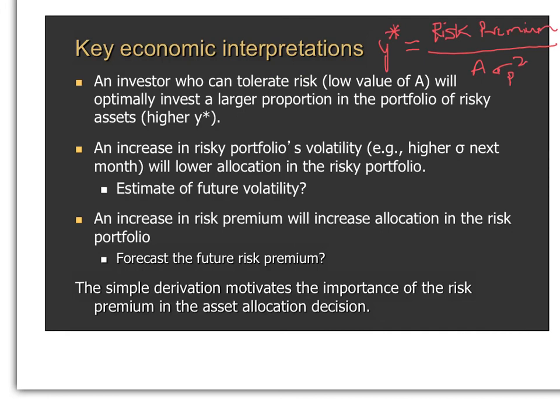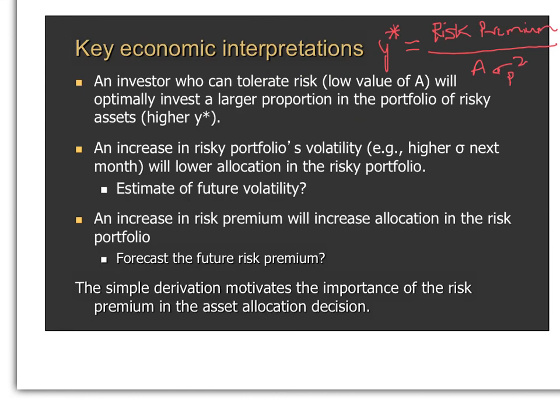The denominator of the y star equation has the volatility of the S&P 500, or our forecast of volatility. And if we expect the risky asset to have a higher volatility, there is more uncertainty, then we would reduce our investment in the risky asset by reducing the y star.